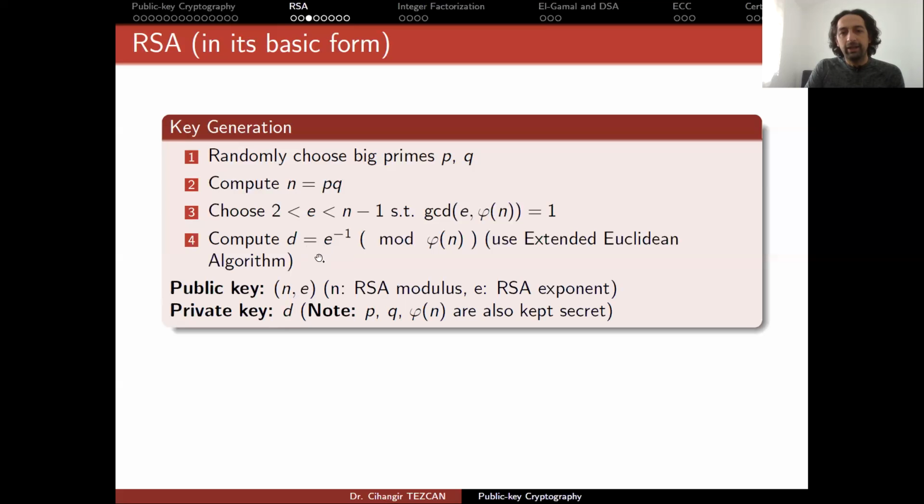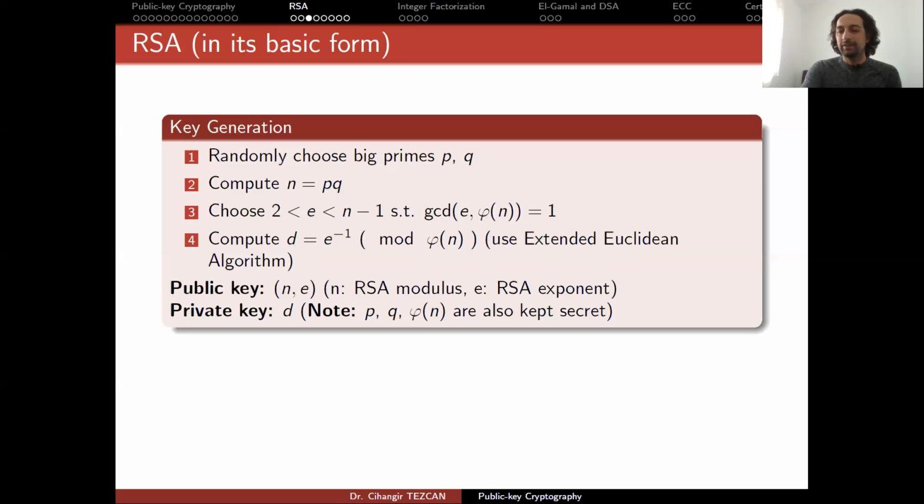But as we mentioned, in order to perform this operation, the attacker needs to know phi n. In order to know phi n, they need to have the decomposition P and Q. So if the attacker can capture P and Q, so as I already said that phi n is just P minus 1 times Q minus 1, then the attacker also can use the extended Euclidean algorithm to compute D.